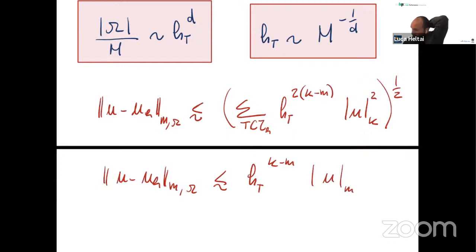And this is valid for M smaller or equal than K plus 1. Sorry, I'm writing too many K here. So let me say this is L, and this is M smaller or equal than K plus 1.